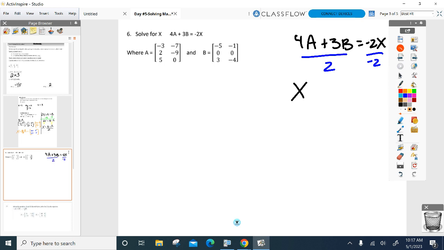So I'm going to get matrix x by doing 4 times matrix A plus 3 times matrix B. That's a negative 2, so I'm dividing it by negative 2 or multiplying it by negative 1/2. Remember, don't multiply by negative 2. You're dividing by negative 2, or if you choose, multiply by negative 1/2. All right, take your time. You do the division at the end. Add them first: 4a plus 3b. We got all this work in last week.